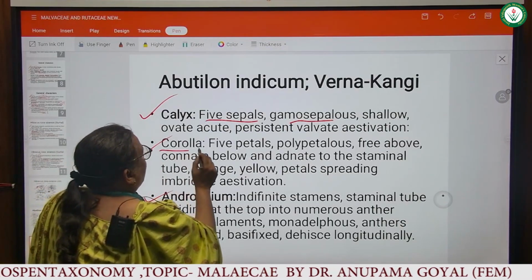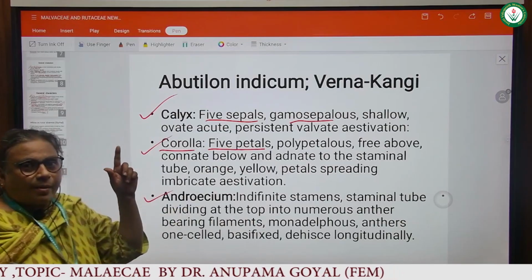Now what is the corolla? Five petals are found in Abutilon indicum.